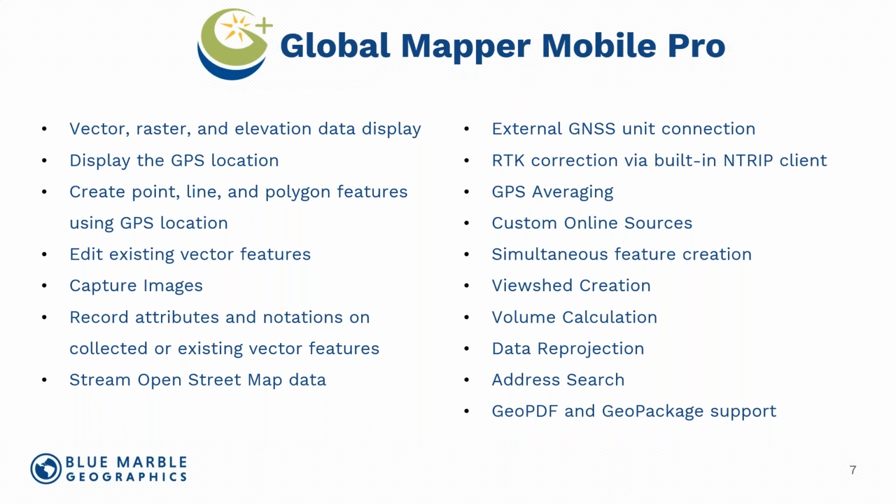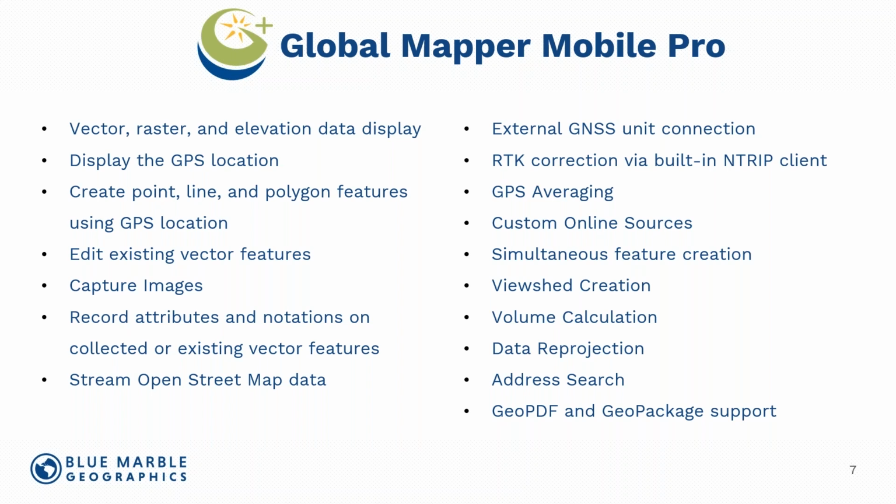And some of the tools and features and functionality that you get with the Pro option, the subscription here, is some advanced positioning options. This includes connection to external GNSS units through Bluetooth or a TCP IP port connection.